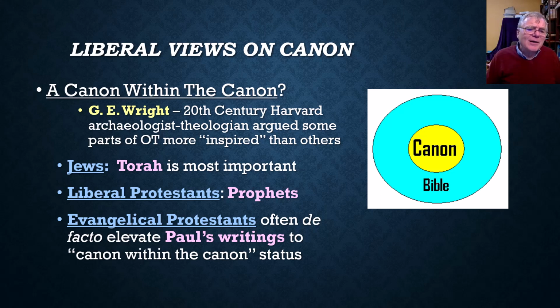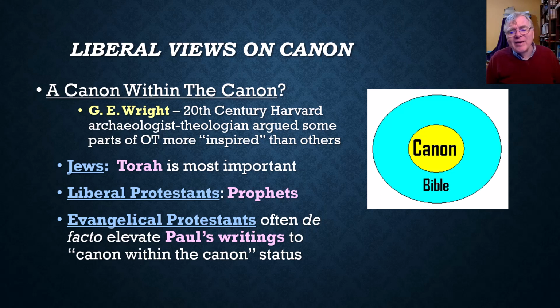It turns out that Jews have always kind of looked at their scripture that way. They accept all the books of the Protestant Old Testament as scripture, but they always have considered the Torah, the Pentateuch, to be the most important.